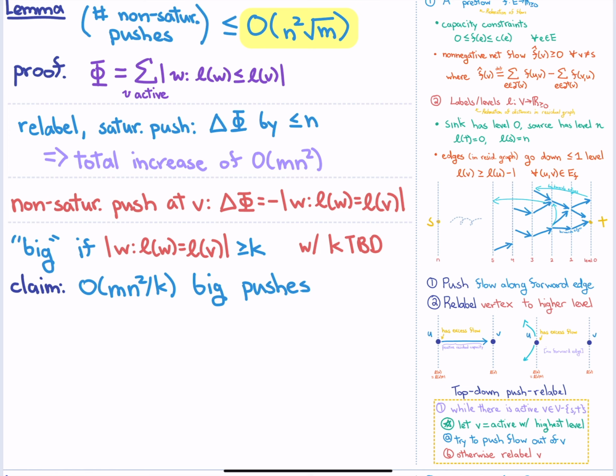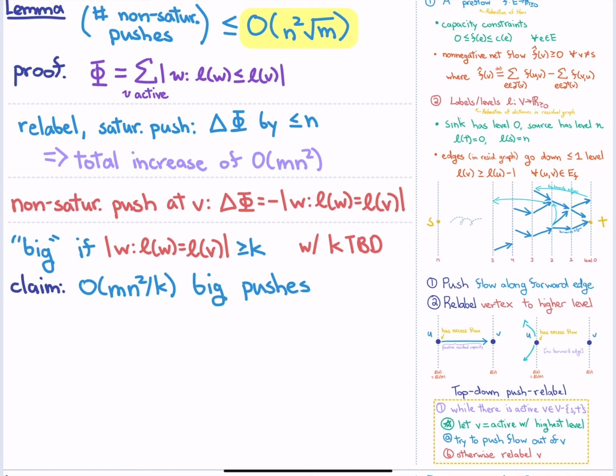All right, this is the more fun one. A big push is when you have a lot of vertices on the same level, at least k. And the claim is that there's at most mn squared over k big pushes. The question is why? I'm at a vertex v, I push all the water out, and you had tons of vertices on the same level, at least k.